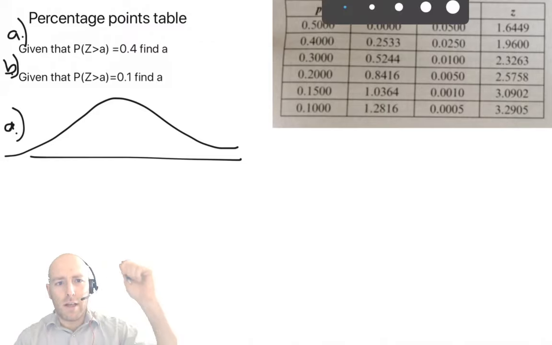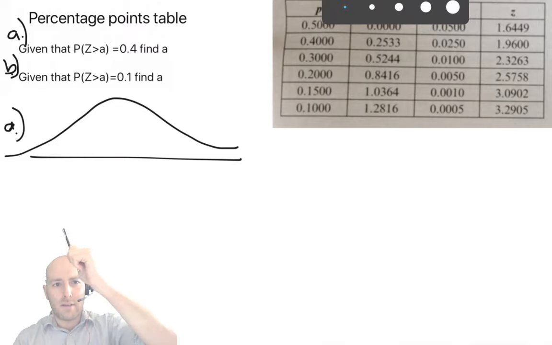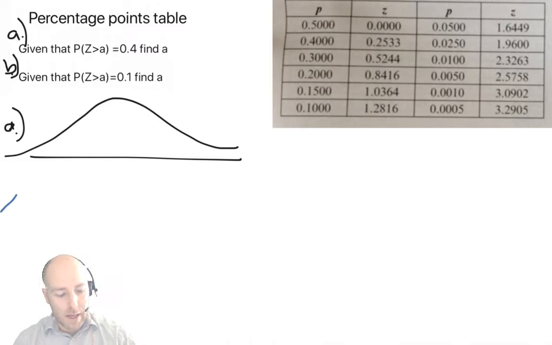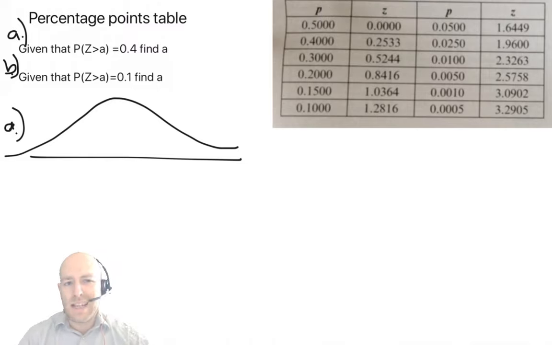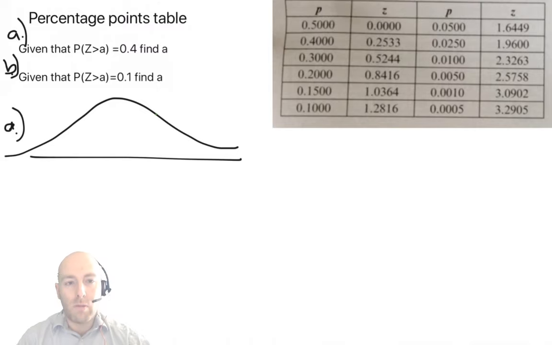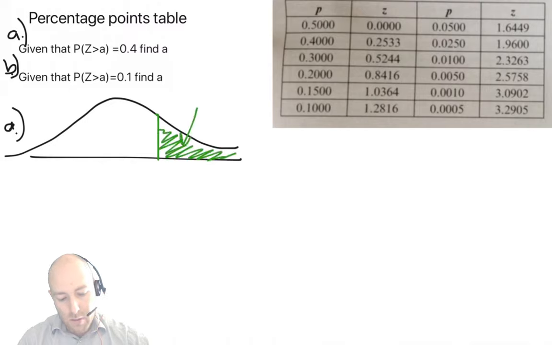Is it on the right-hand side or the left-hand side? Remember, the whole thing has a probability of 1. Half of it has a probability of 0.4. So probability Z is greater than this value A is less than half. That tells me that A must be on the right-hand side of the mean, and the probability here is 0.4, and here's A.